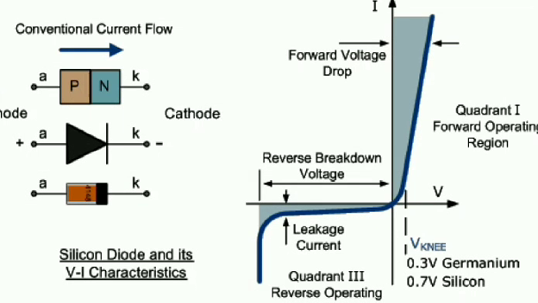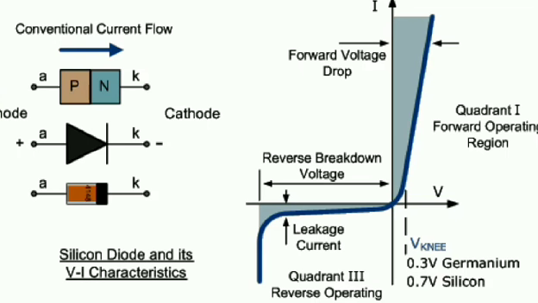So now we are going to see its VI characteristics. VI means voltage with respect to current characteristics for a PN junction diode. If we give a positive supply, you will get forward voltage and forward current. You can see here the diagram for the VI characteristics of the PN junction diode.